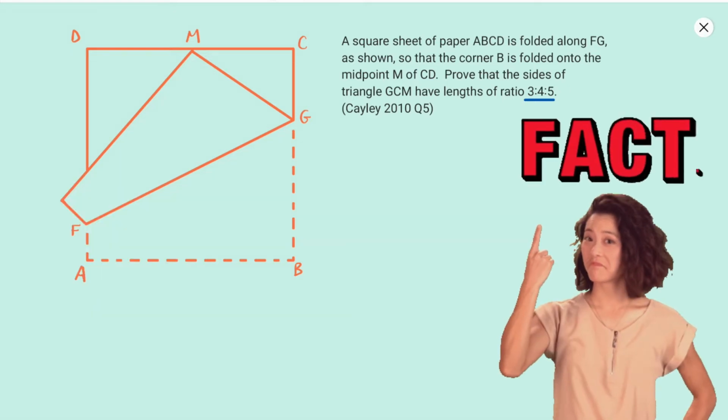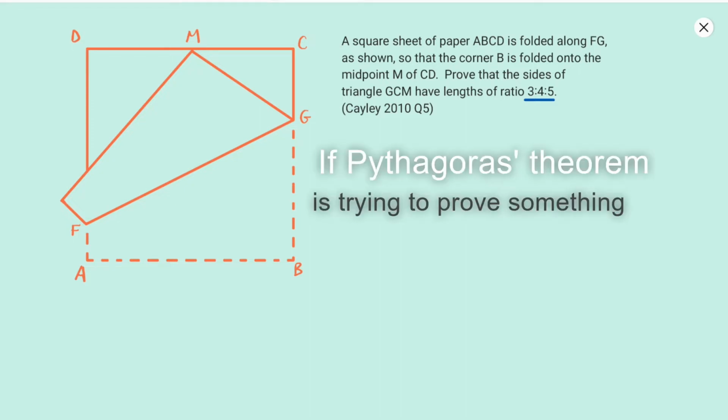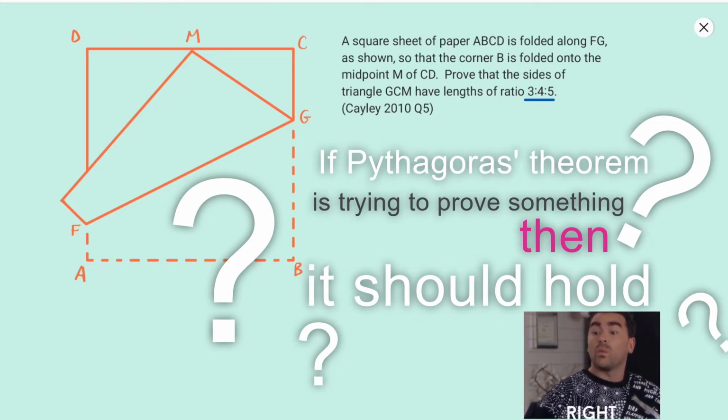That's the Pythagorean triplet. So it would be interesting if we could find out some expression for those sides. And it might be something to do with Pythagoras. If Pythagoras' theorem is trying to prove something, then it should hold. As in, we put the numbers in and we should find that ratio.